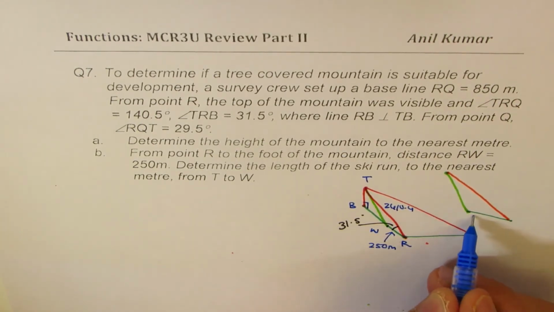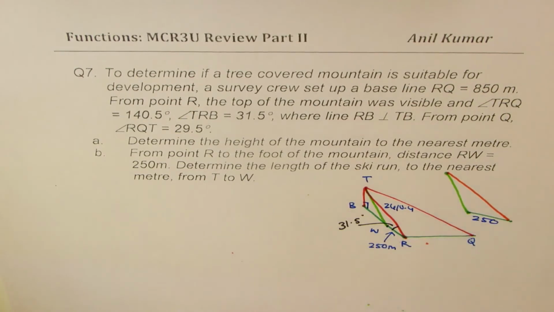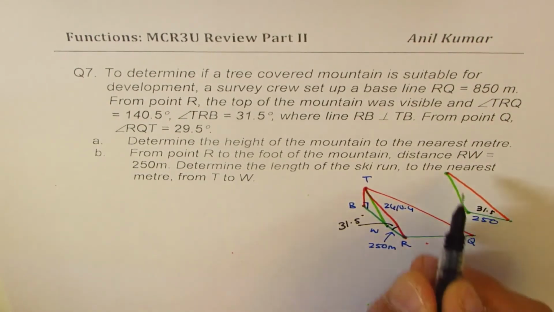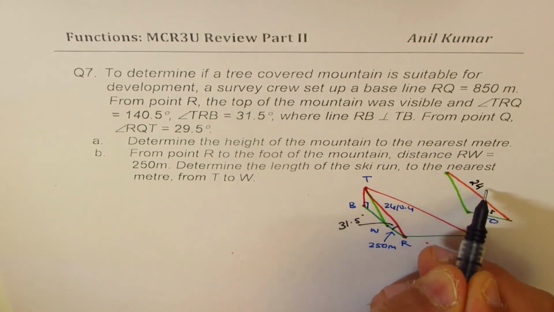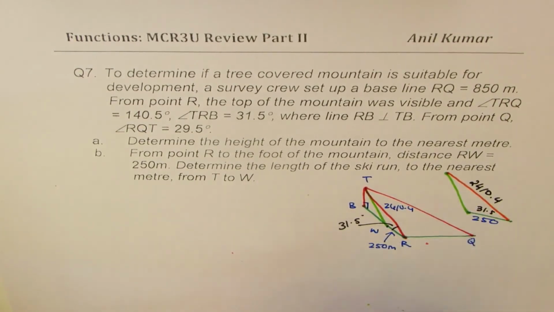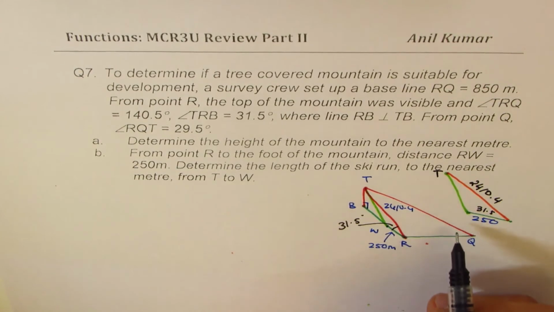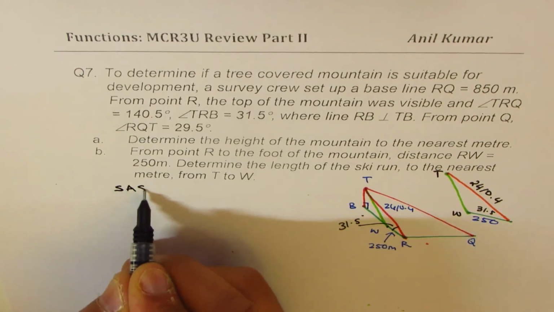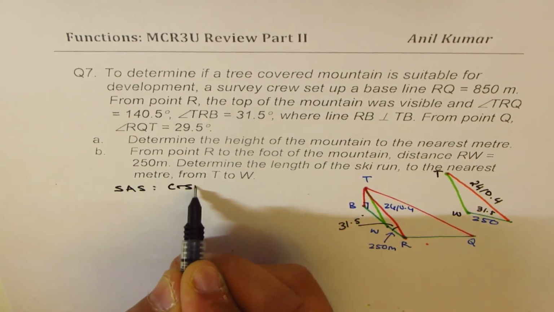The angle here is 31.5, and that length is 2410.4, correct? This point is T, that point is W. So we need to find TW. Since we are given side, angle, side, we are going to use cosine law.